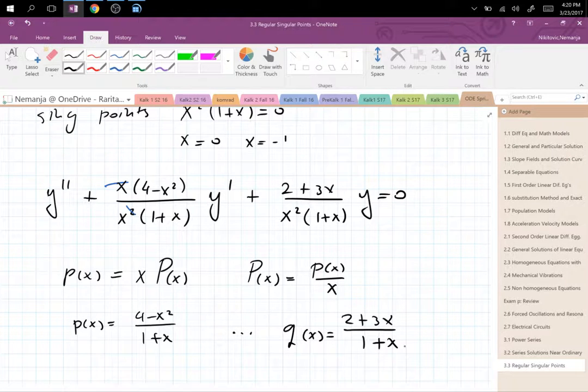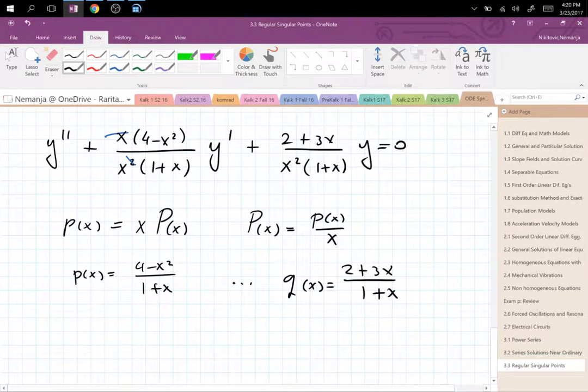So what's happening for x equals to 0? Now we see at x equals 0, we have okay behavior, right?